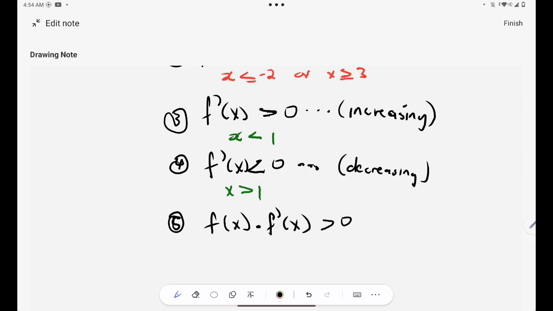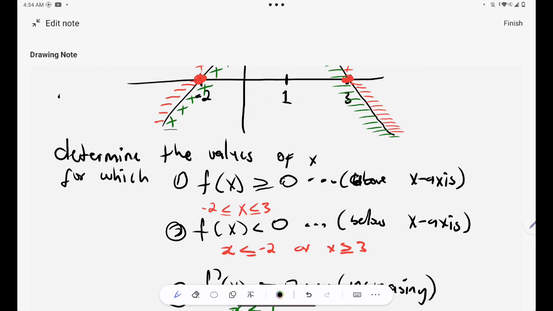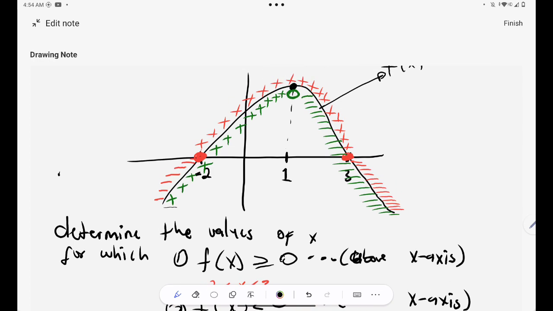What does that mean? It simply means that you want to find a place whereby either my graph is above the x-axis and increasing at the same time, or my graph is below the x-axis and decreasing at the same time. Why is that? Because you are multiplying two things and your answer is positive. That means those two things you're multiplying have the same sign.